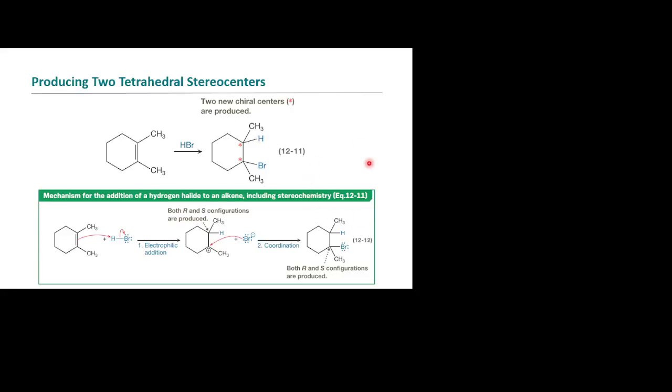Okay. So again, this would be another example. In this case, this is actually a symmetric reactant, right? But because we're adding 2 different things in this reaction, it's actually pretty easy to generate asymmetric products, ones that will have chiral centers, actually, okay? Because, again, we're adding a H on one side, right, and a chloride on the other, okay?